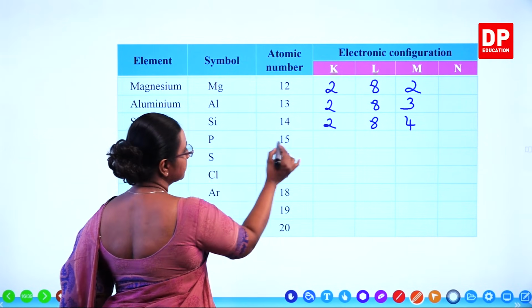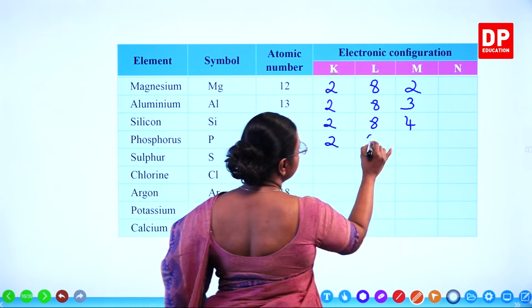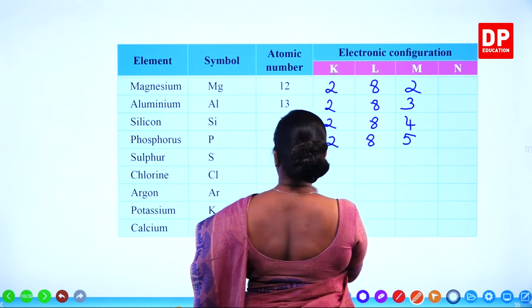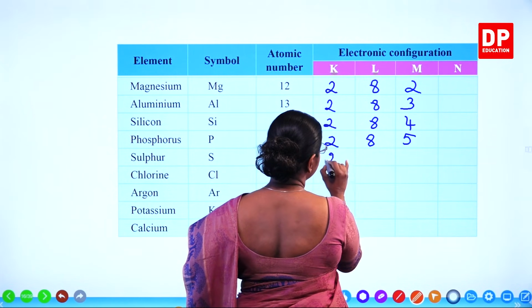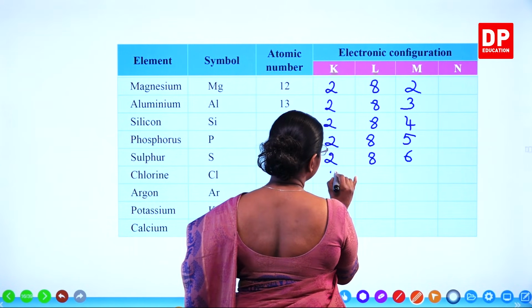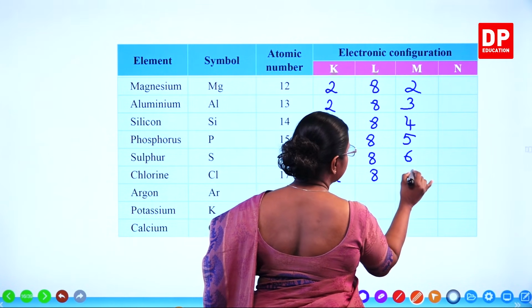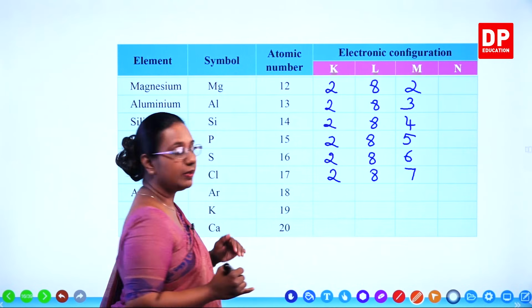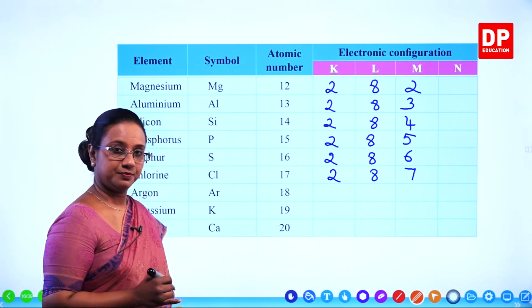Then phosphorus, 2, 8, 5. Sulfur, 2, 8, 6. Chlorine, 2, 8, 7. Again we come to argon.